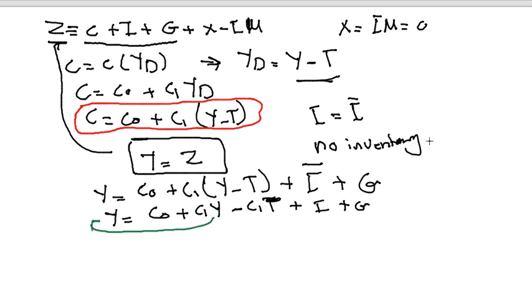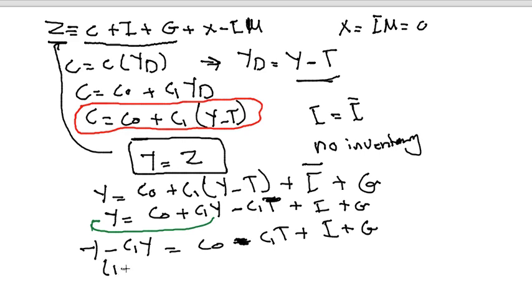So that means Y minus C1 Y equals C0 minus C1 T plus I plus G. So from here you can take Y as a common factor, so that means we will have (1 minus C1) Y equals C0 minus C1 T plus I plus G.